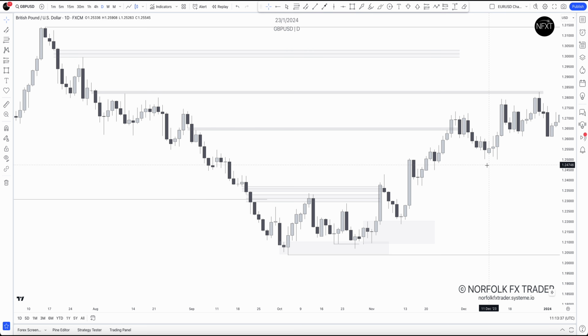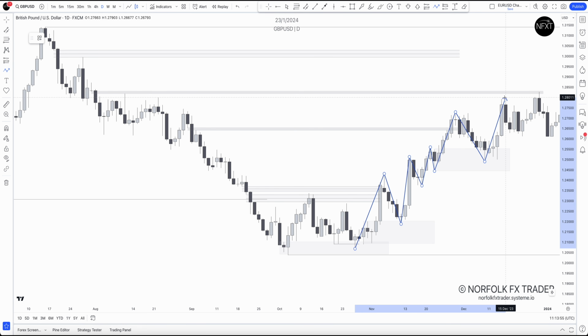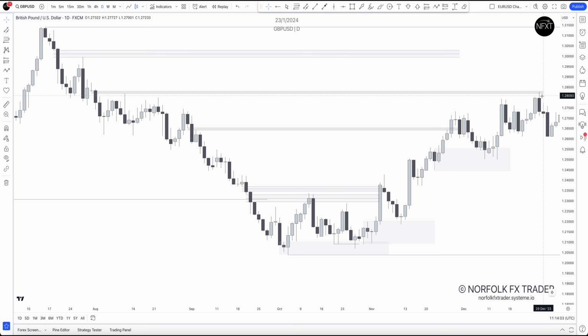So once we see this pullback, we'll understand we're looking for our areas. There's our area, which is the last sell to buy move. And we can map this out by understanding structure. It's important that you understand your structures in the market. We do have a very small structural pullback there, and that's what causes that market to continue higher until we get to this imbalance. Now notice when we got to this imbalance this time, we did not close through.